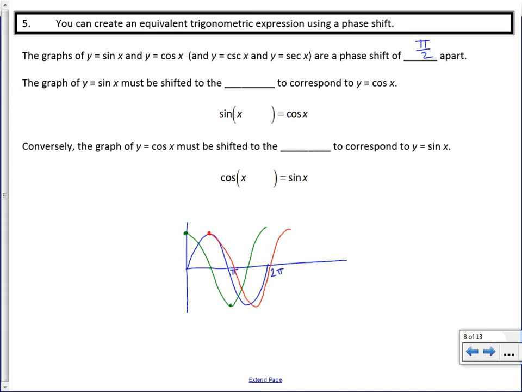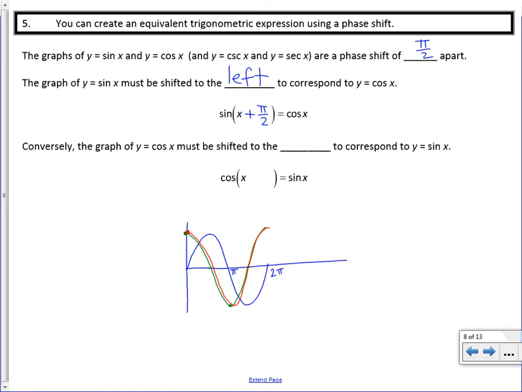So if I start with the graph of sine, the blue graph, and I want blue to go on top of green, do I shift right or left? Left. So I need to go left. How do we show left in terms of a transformation? It's going to be x plus, yeah, plus pi over 2.